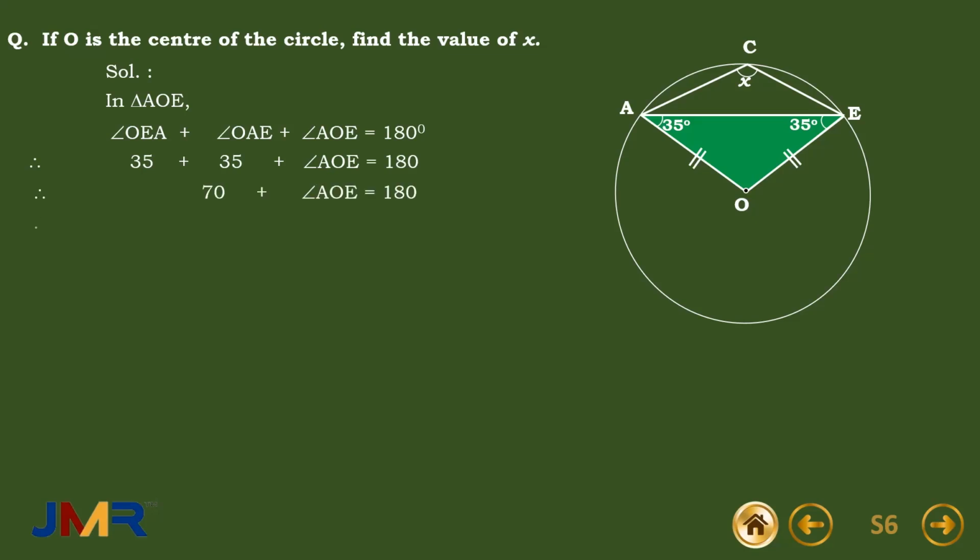Therefore, angle AOE is equal to 180 minus 70, which is nothing but 110 degrees. As soon as I got angle AOE is 110 degrees, angle AOE is the angle made by the arc ACE at the center. Now, take any point on the major arc. Let us take F.